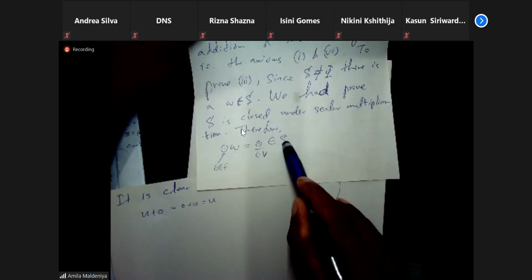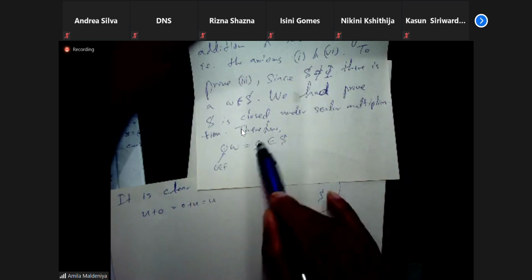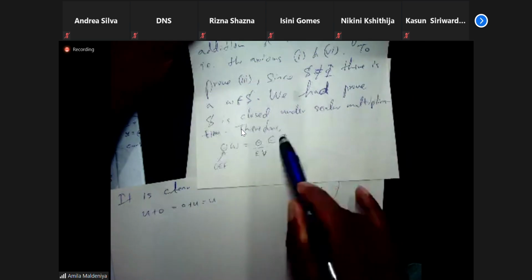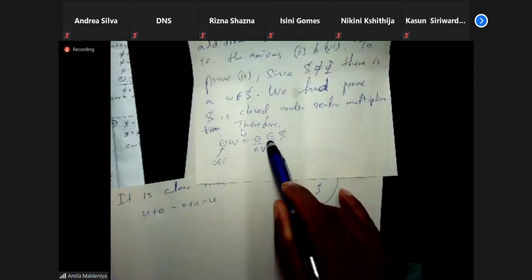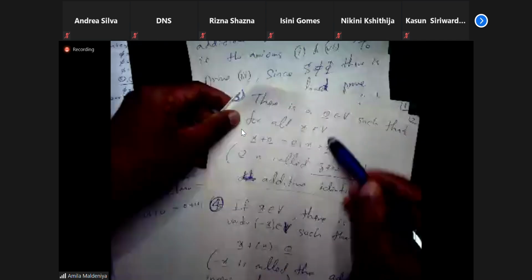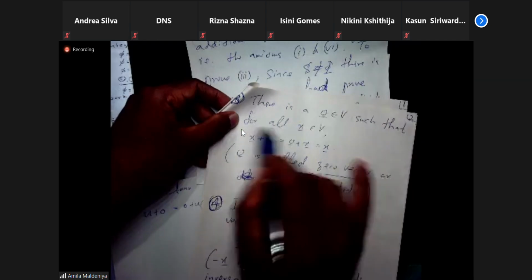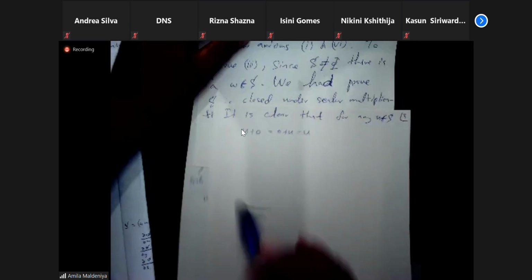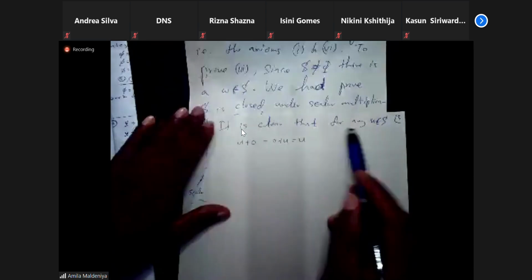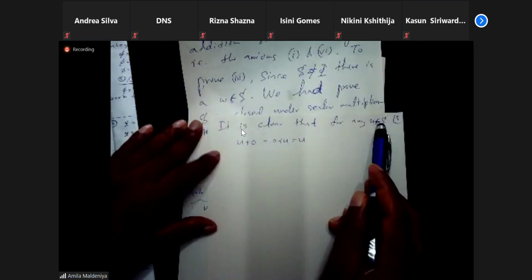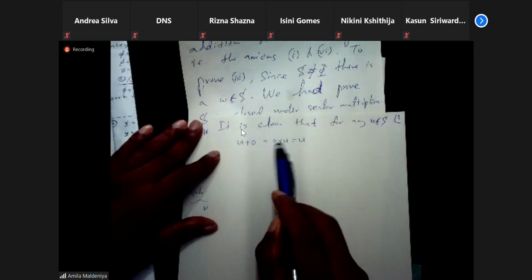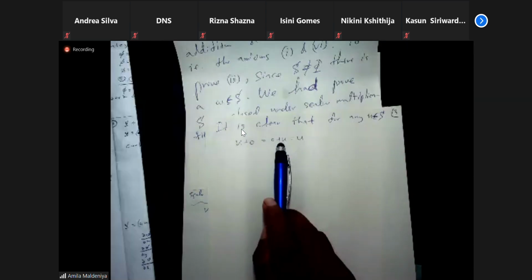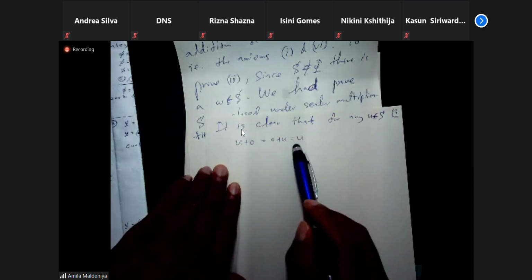So there are two things in that axiom. First, find the specific element. We did that. Next, prove that the specific element satisfies this condition. Now let's prove that. If I take any element u in S, then u plus 0 and 0 plus u equal u, because we also have a vector space.